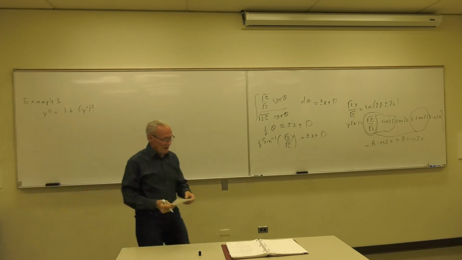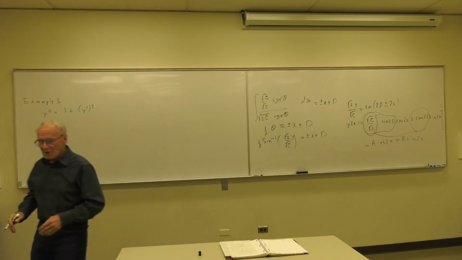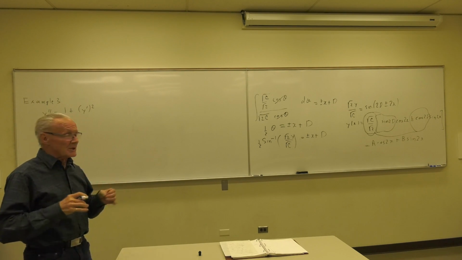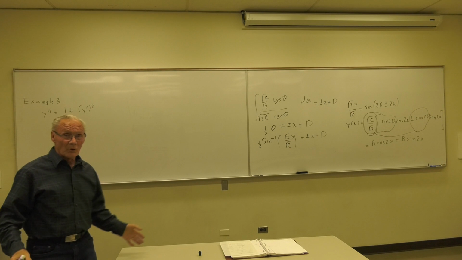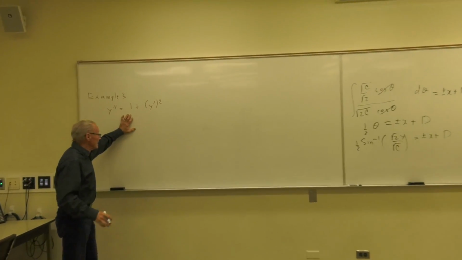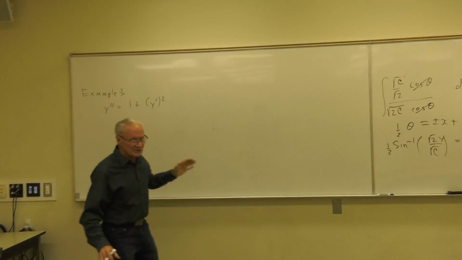And as you can see, both x is missing and y is missing. So both techniques are applicable. Which one will lead to the easier solution? One never knows. One tries one, and sometimes they both work easily. Sometimes one works much easier than the other. You simply have to try.